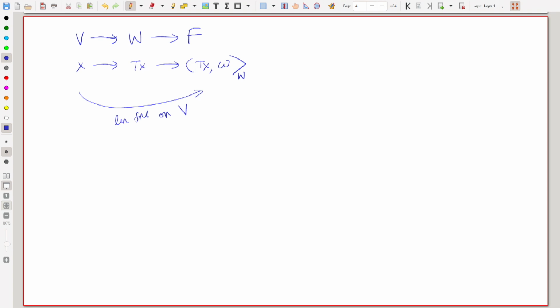Now, what did the Riesz representation theorem tell us? It said if you have a linear functional on a finite dimensional inner product space, corresponding to that linear functional there exists a unique vector in your vector space. So, now I am going to apply the Riesz representation theorem for this linear functional.